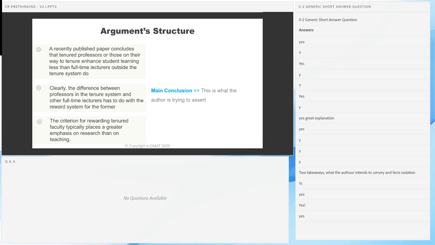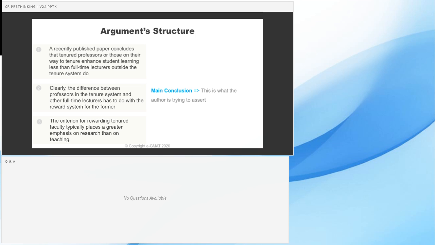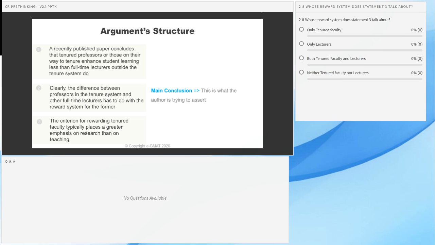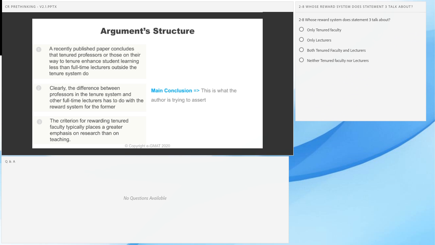Now, my question for you, now I'm going to focus on statement number 3. Whose reward system does statement 3 talk about? And you have these options here: just tenured faculty, just lecturers, both tenured faculty and lecturers, or neither of them. Whose reward system does statement 3 talk about?